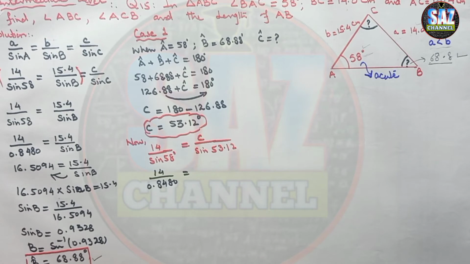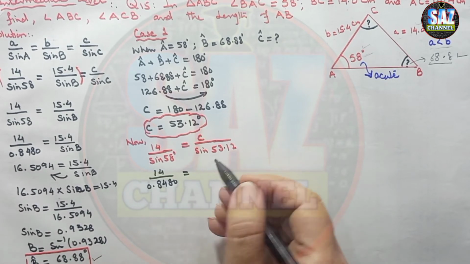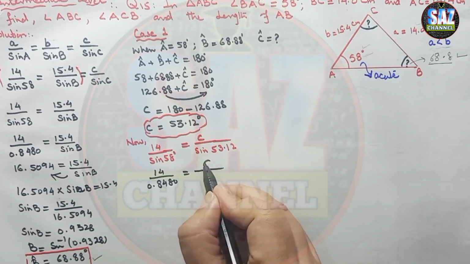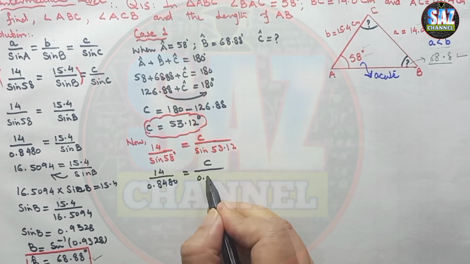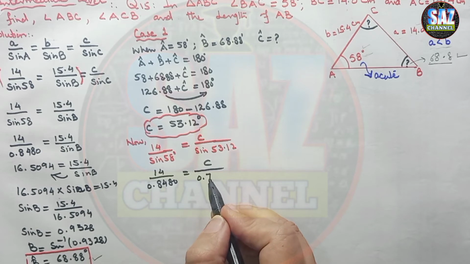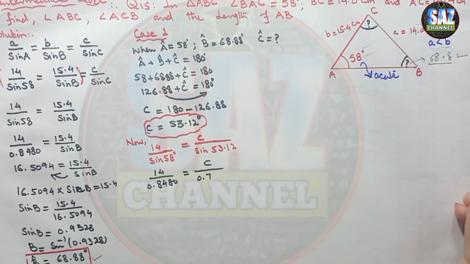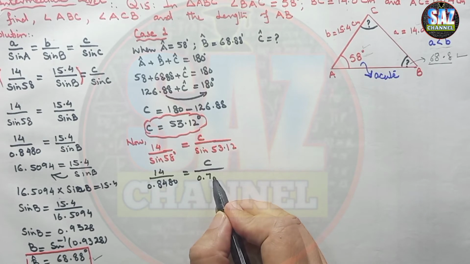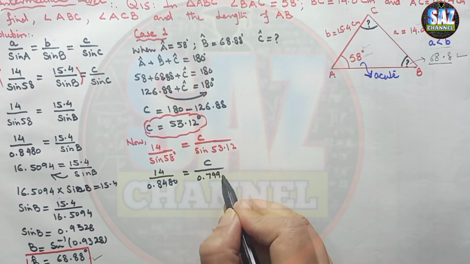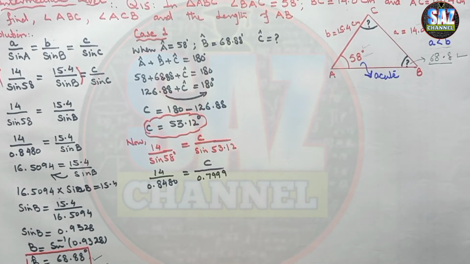First find the value of sine 53.12 degrees with the help of the calculator, and this gives me C upon 0.7998, and then again we have 9, so it will become 0.7999 for accuracy purposes.